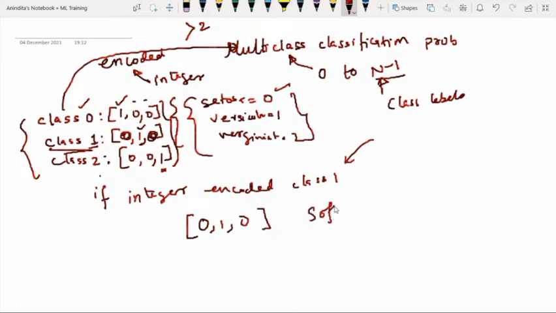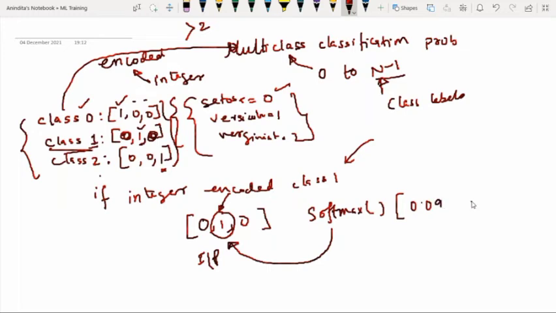If I apply the softmax activation function, my objective is to put more importance on this section. If this is the input, then the output will look like 0.09, 0.66 and 0.24. See, I am giving maximum weightage here, meaning the error between the expected and the predicted multinomial probability distribution is calculated here.